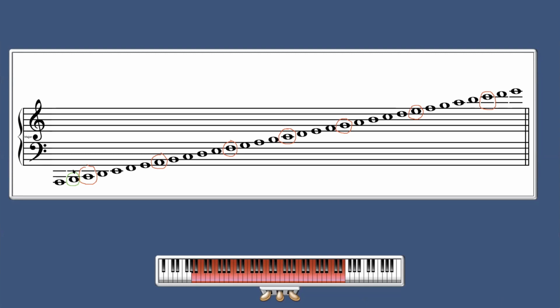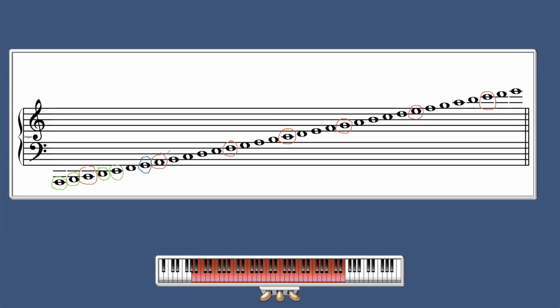Low C is responsible for the note that's a step below, which is what note? B. And C is responsible for a step above, which is? D. And C is responsible for a skip below, which is? A. And C is responsible for a skip above, which is? E. Now we're going to go to bottom space A. Bottom space A is responsible for a step below, which is?